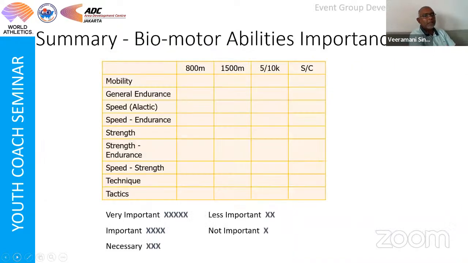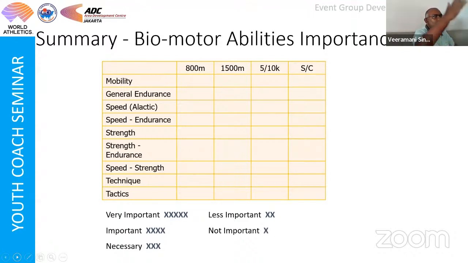I'm going to look at this summary of our biomotor abilities, anywhere between 800 to 10,000. We have mobility, general endurance, speed endurance, strength endurance, speed, strength, technique, and tactic. In your version, I need you to spend a quick time. Either you can have a pencil or a pen to write down in front of you, or I'll take a mental note.